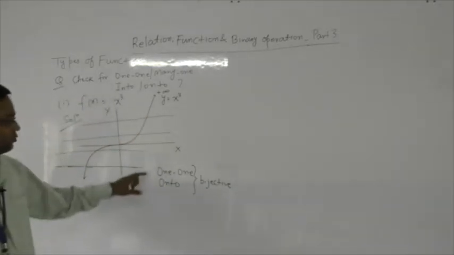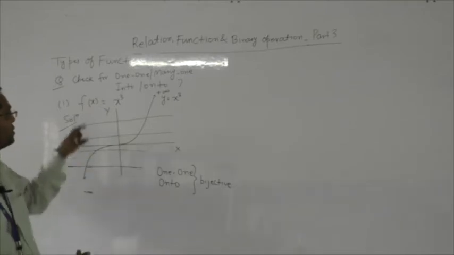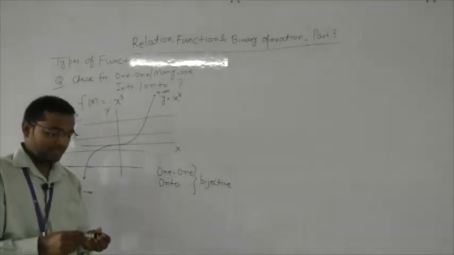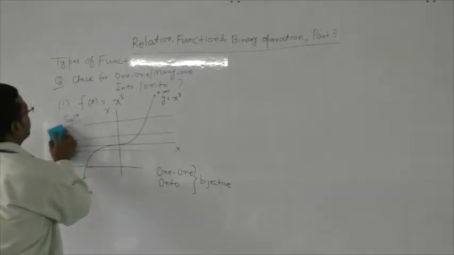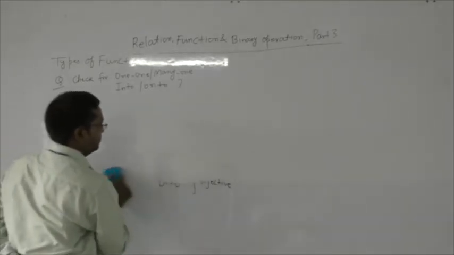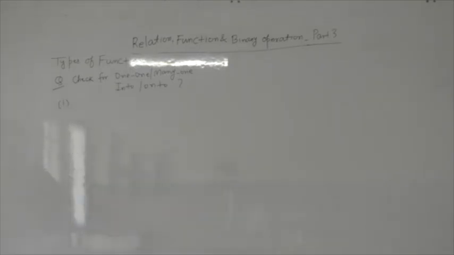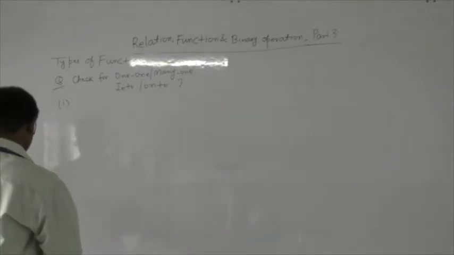Any function which is one-one as well as onto is called a bijective function. So this y equals x cube is a bijective function. Okay? Let's see the next example. The next question we can take.